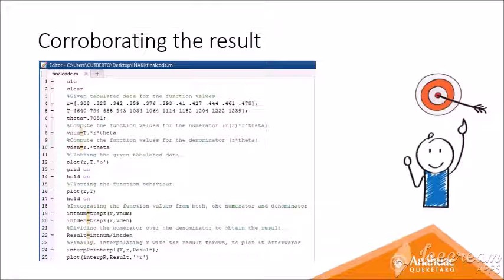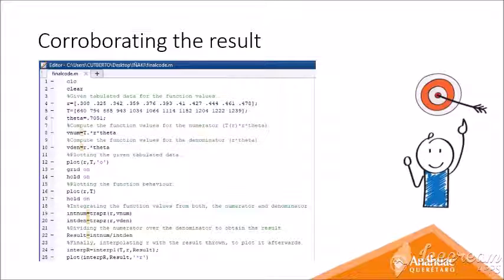Then we're going to plot our given tabular data by using the function plot. First, we put our matrix R, then our matrix T, and we specify the color. Then we plot the function behavior by using the same function plot, putting R and then T.